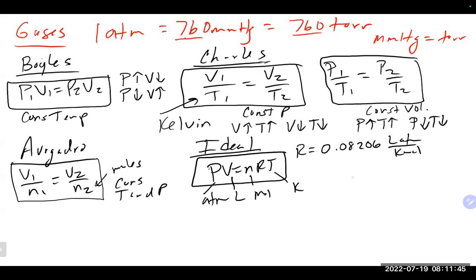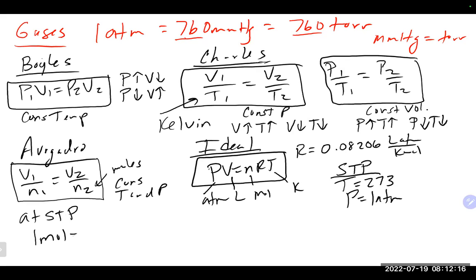We also talked about STP, standard temperature and pressure. That is a temperature of 273 and a pressure of 1 atmosphere. If you are asked something about STP, you can use those values in the ideal gas law. We saw that at STP, 1 mole of any gas equals 22.414 liters.